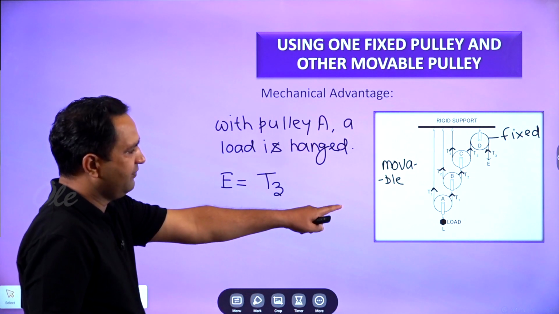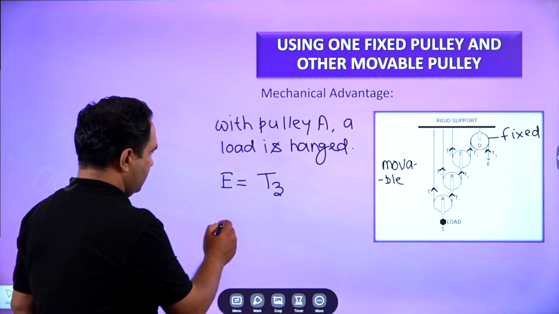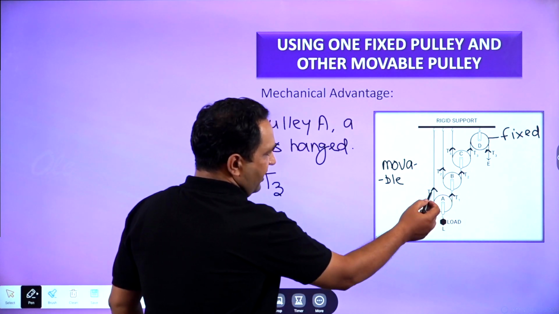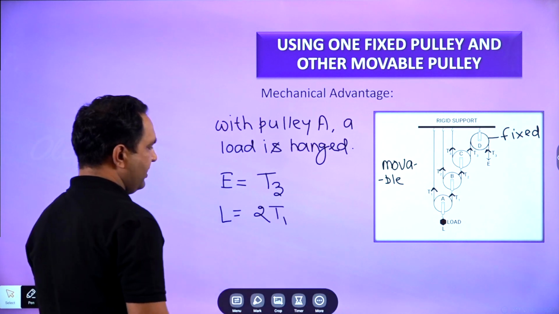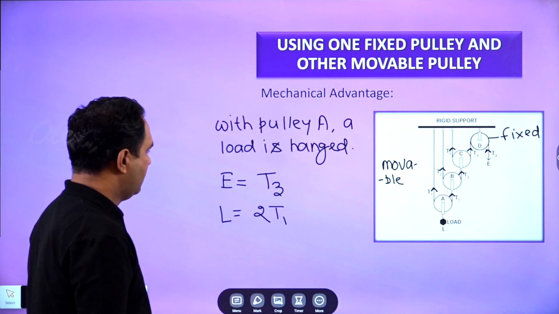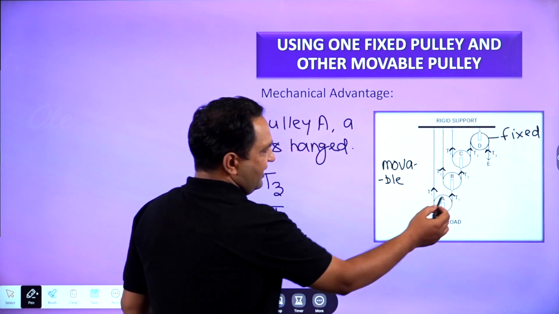What will be the value of load L? How many forces are working against this load? T1 and T1, so 2T1. Load is equal to 2T1. What will be the value of this T1?